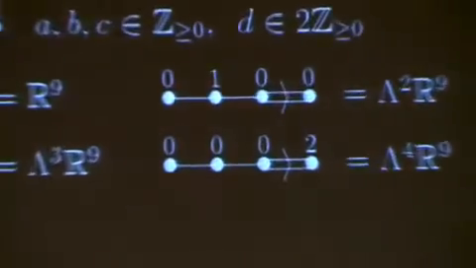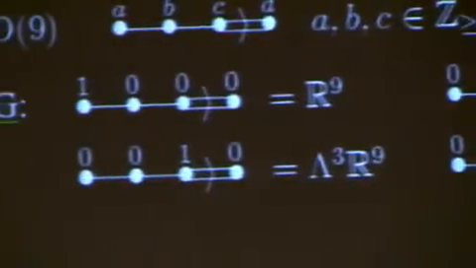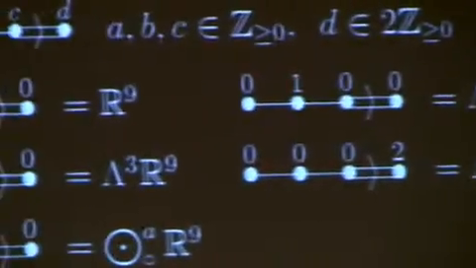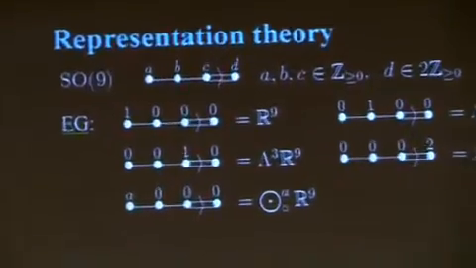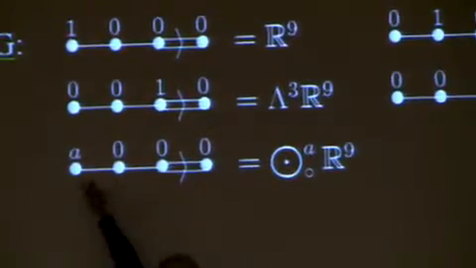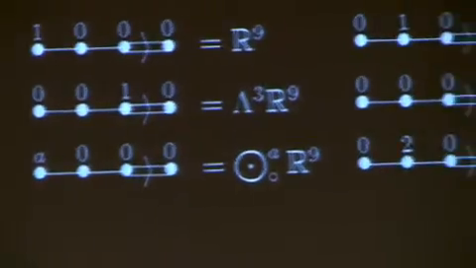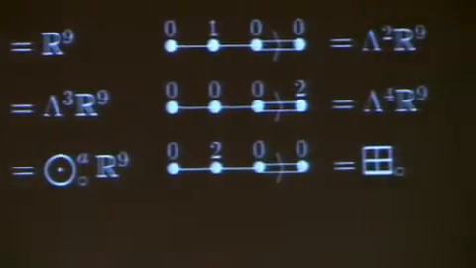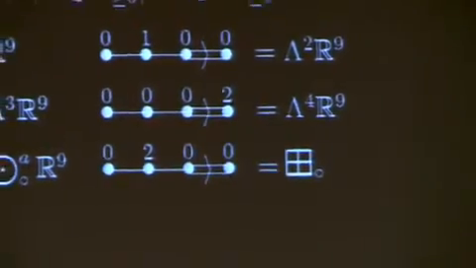Putting a 2 over the end there is wedge 4 of R9, sorry. This one here, for example, is the symmetric trace-free tensors of valence A. So you can clearly see it's a very simple thing. This one here is recording the symmetries of the Weyl tensor.